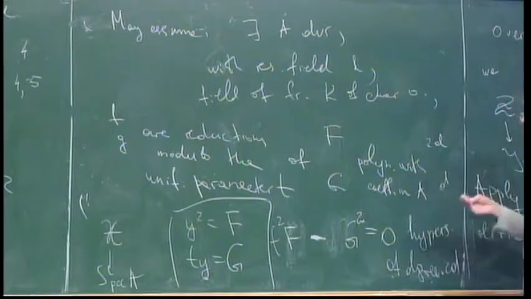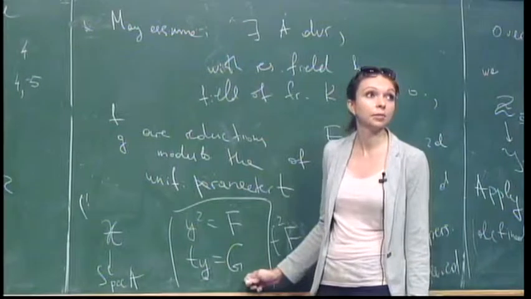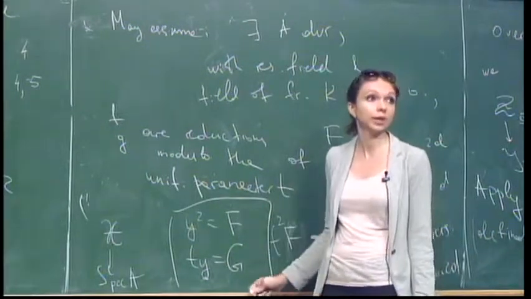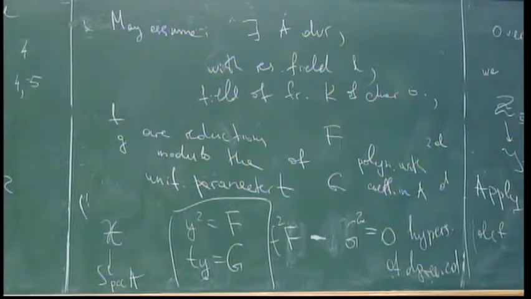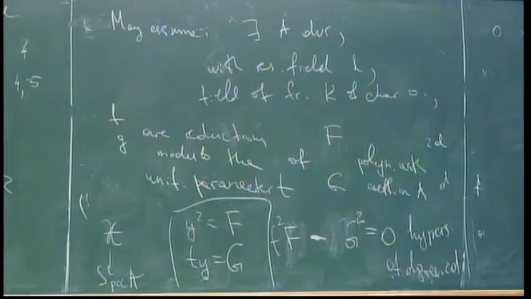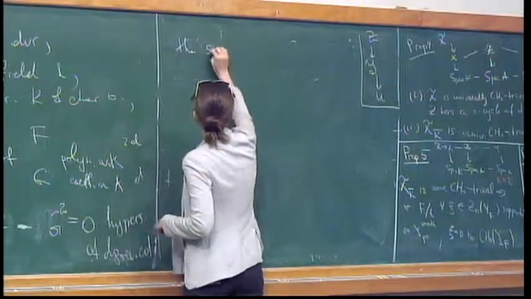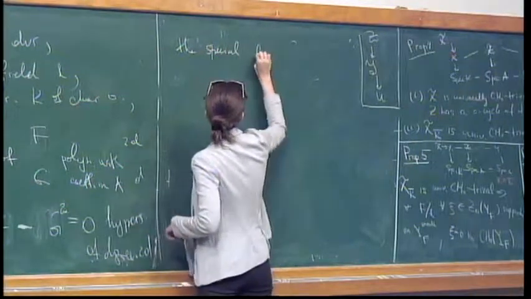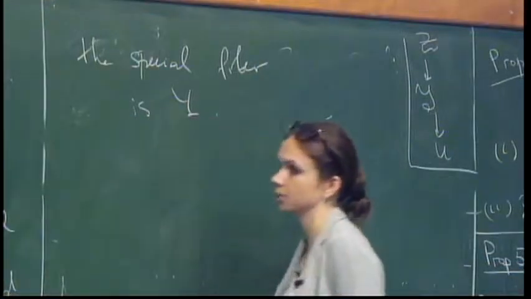And what happens for the special fiber? For the special fiber, you will have the variety Y, because it's precisely the double cover of this hypersurface. So the special fiber is Y, the double cover.